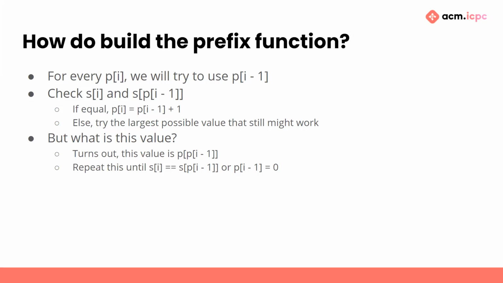And it turns out that this value is equal to p of pi minus 1. So it's the longest prefix that is also a suffix of the longest prefix that is also a suffix of pi minus 1. So that might sound a little confusing. But what we're doing is we're taking the prefix that was also a suffix of the last of S0 to i minus 1.